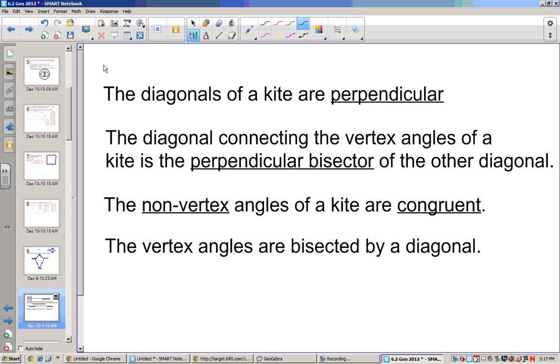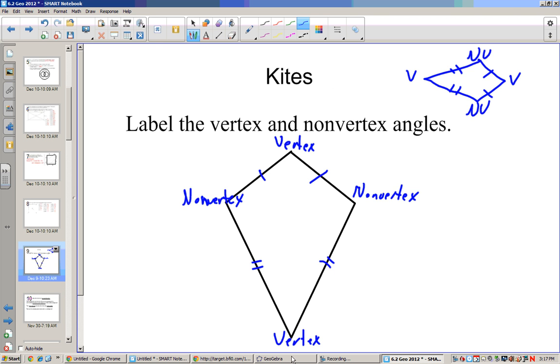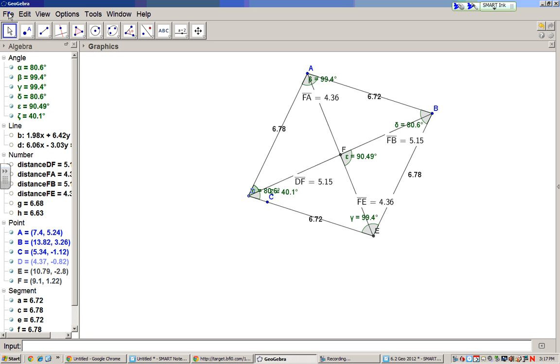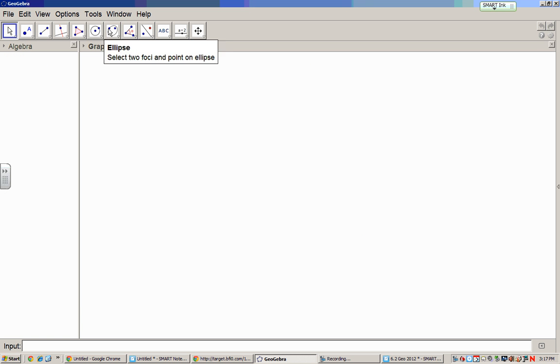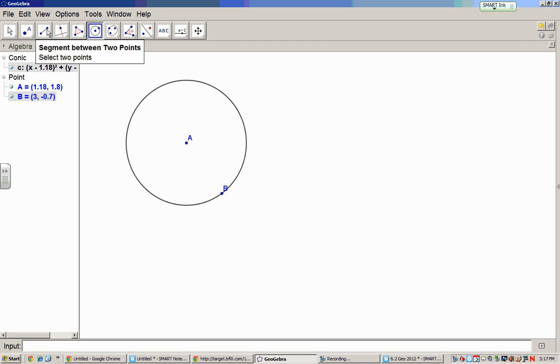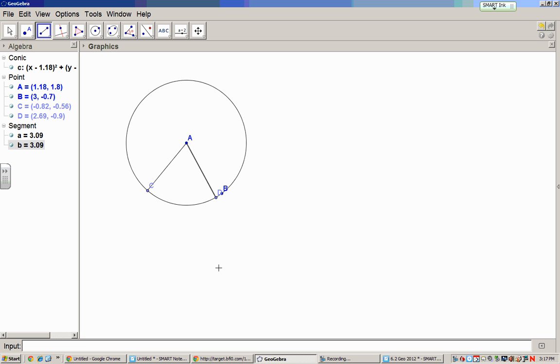All right, now if we look at a kite, there are two ways to make a kite. One way is to start with a point, and we can construct a kite by going out to these two points, because we know those two have to be congruent.